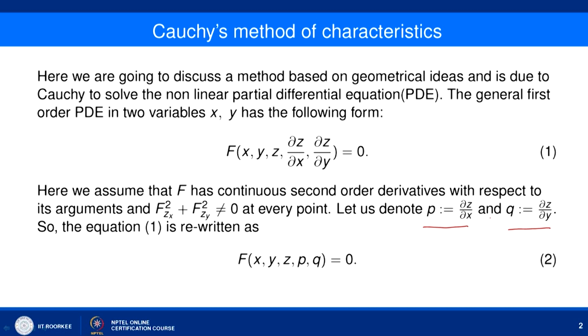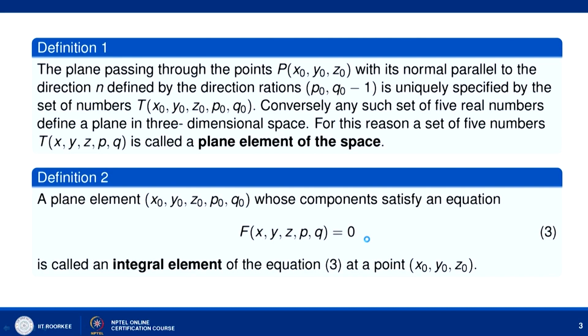So, in terms of p and q, we can rewrite equation number 1 as f(x, y, z, p, q) equal to 0, and our aim is to solve this first order nonlinear PDE using geometrical ideas.